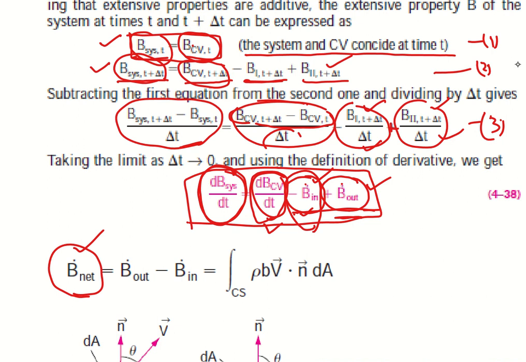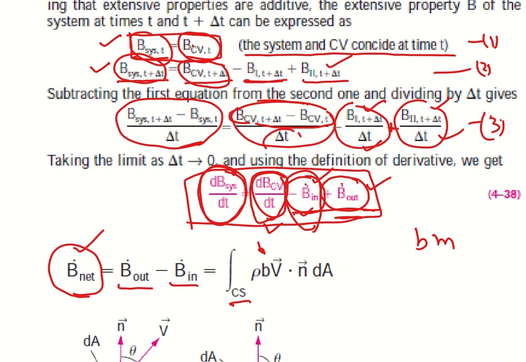So at the surface, property is going out, that is plus, and going in, so minus b in. That may be written in terms of the integral at the control surface. So integral at control surface, b is the intensive property multiplied by mass. So b multiplied by mass of that infinitesimally small control volume.